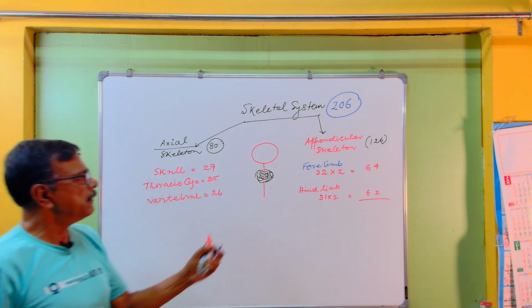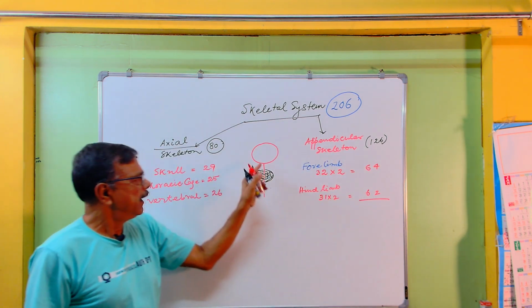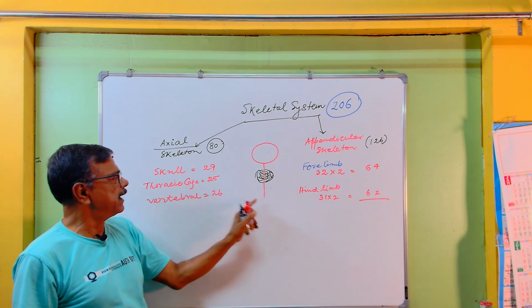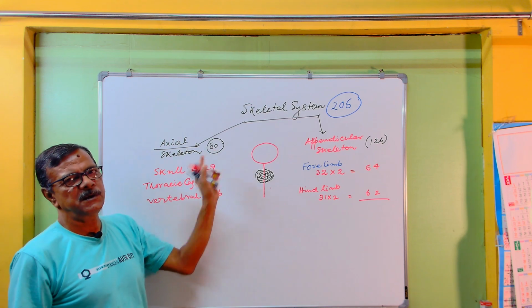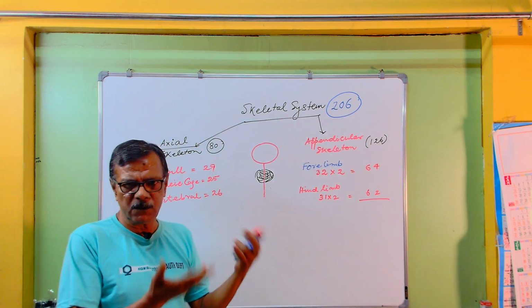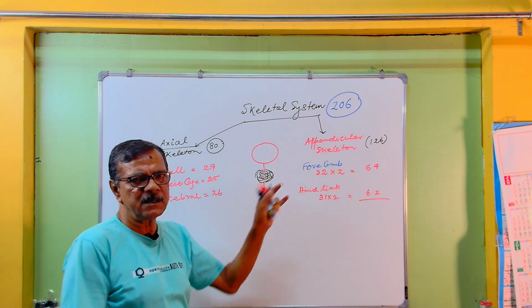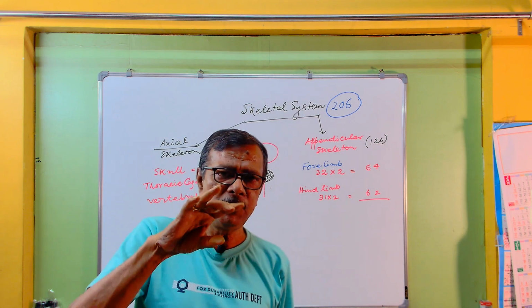So first, what we have come across is that this is 126, 64, 62, and the skull, thoracic cage and vertebral column consist of 29, 25, 26, which constitute 80. So this 206 bones, let us calculate it first, then we will go into the detail of each and every individual bone.